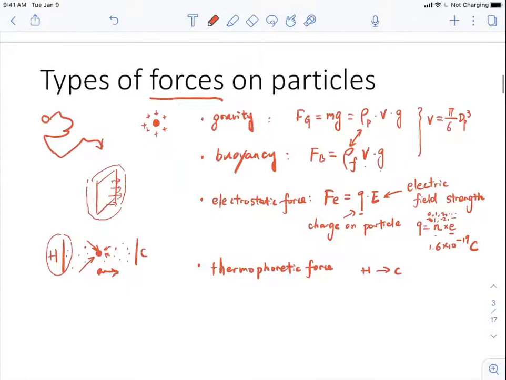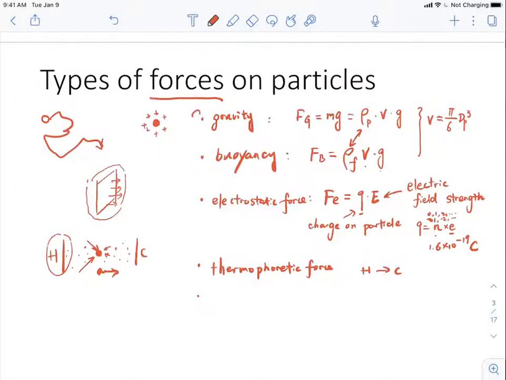So there can be a lot of other forces, for example, the electromagnetic force, right? If the particle moves in a magnetic field, then because of the charge in there, the particle is going to do some spinning and so on.